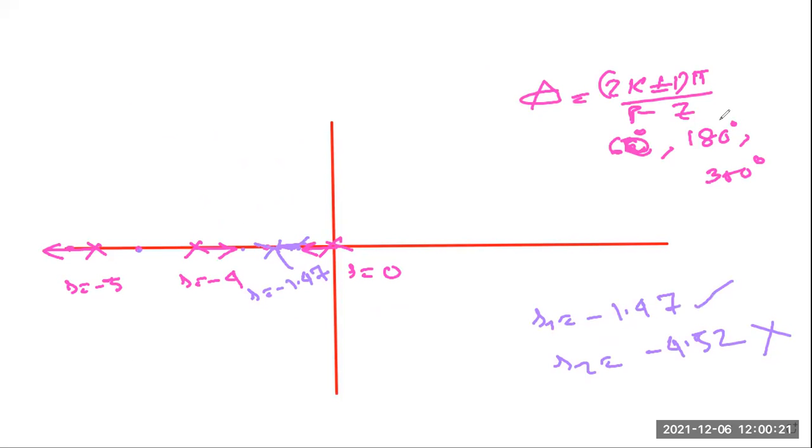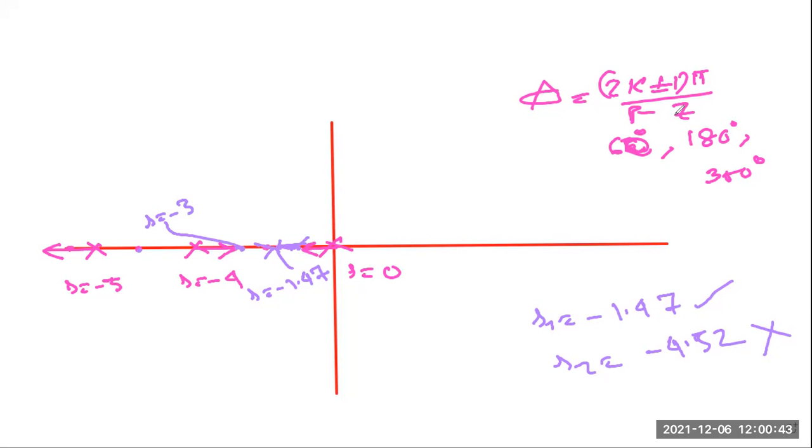What was the value of centroid? -3. Okay. So if the centroid value is -3, let us say this point is here, that is s equal to -3.